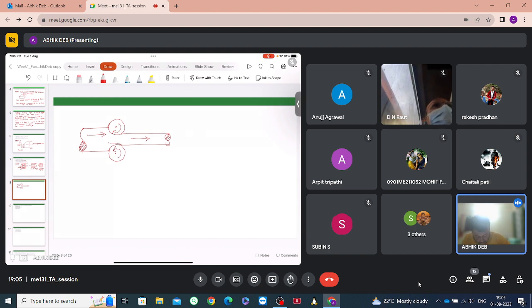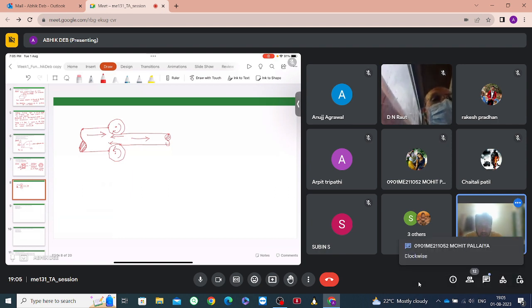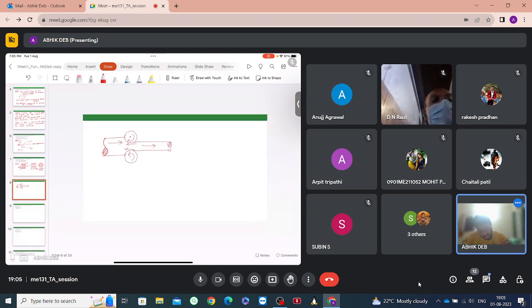Essentially, what will be the direction of force? This will be the direction of force for the bottom roll, and for the top roll, this will be the direction of force. So if we are feeding the stock material from the left to move to the right, and the rolls are giving force in this direction, how will it come out from the right hand side?